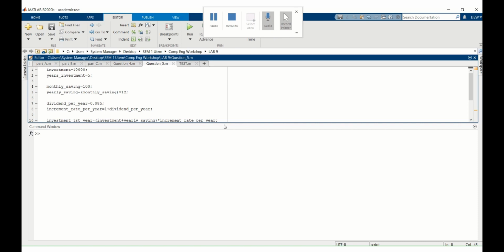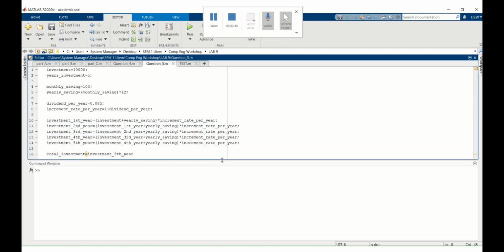In question 5, it asks us to calculate the total investment amount from 2015 until 2020. So this is my idea. The initial investment is 10,000. The years of investment is 5 years, which is from 2015 until 2020.